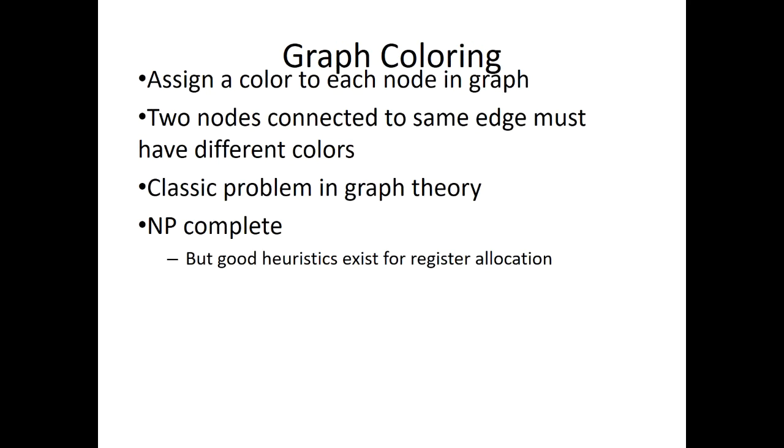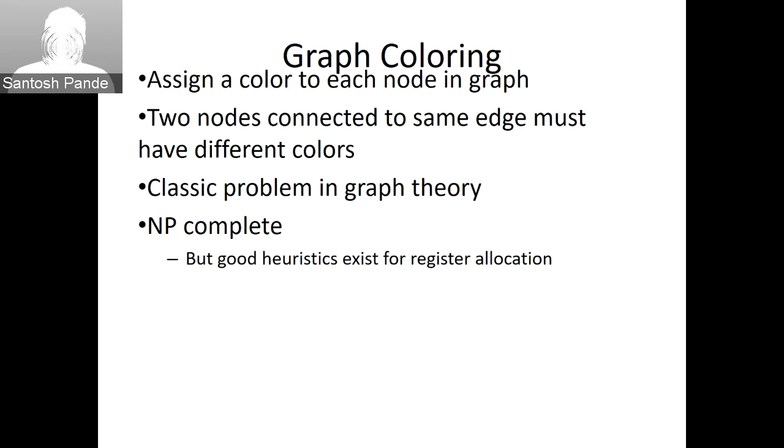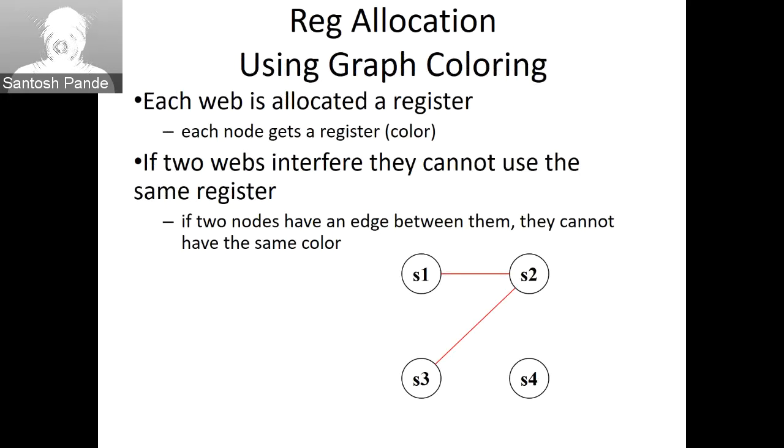Obviously, the interference graph is very big because we have so many webs which participate, which interfere with each other, and there are so many live ranges and so on.